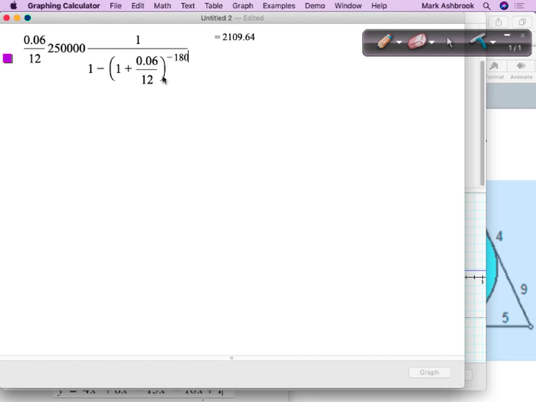Now another way is we could actually use what we call parameters. X, Y, and Z are special characters in GC because they tell GC to graph. There are other special characters too, lowercase e, pi, etc. But any characters that aren't special are just free parameters.